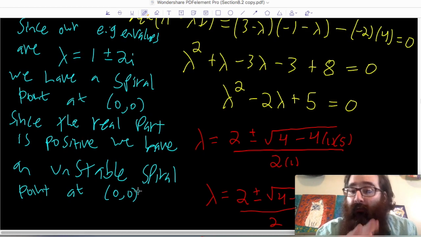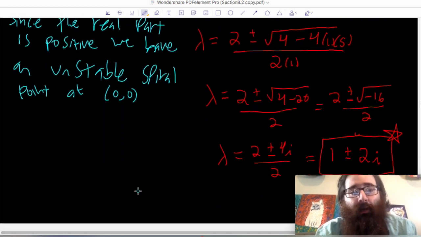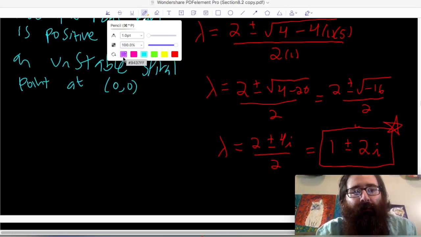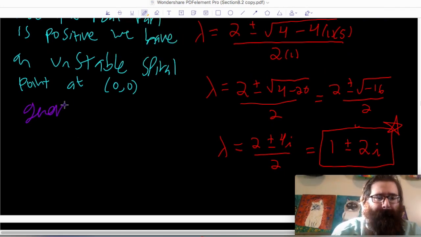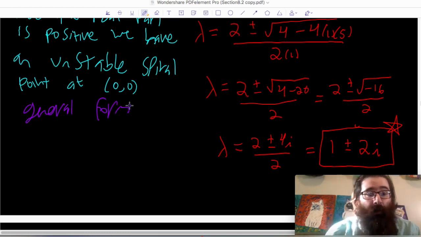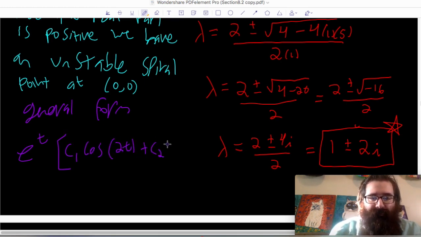So feel free, if you're comfortable, to drop those sort of key terms in there along the way. A good question might be, well, okay, so how do you know that? And remember, we're trying to reference back to how these general solution forms look. The general form for the solutions on both x and y is going to be e to the 1 times t, which is e to the t, times c sub 1 cosine 2t plus c sub 2 sine 2t.